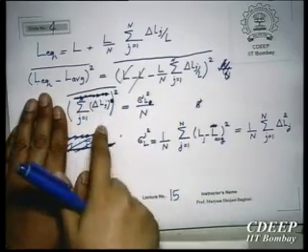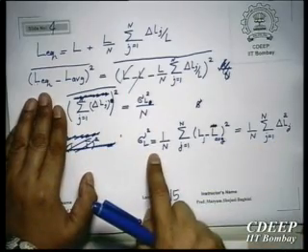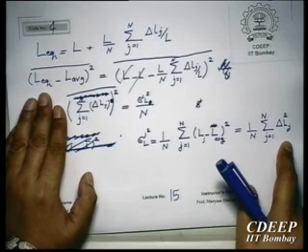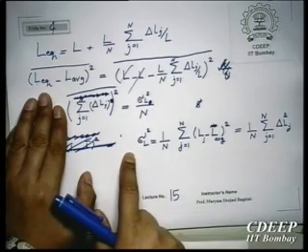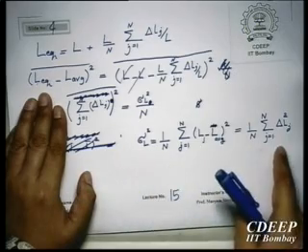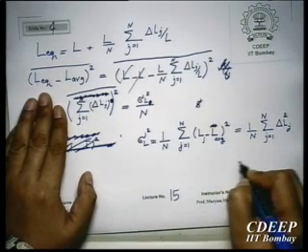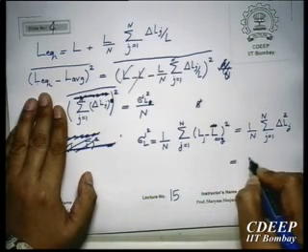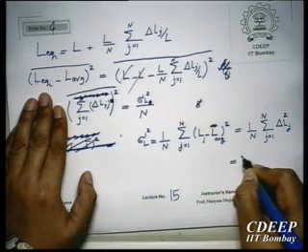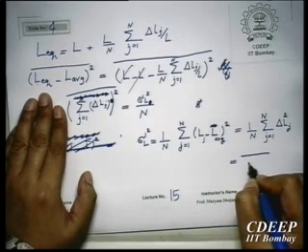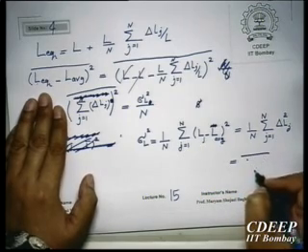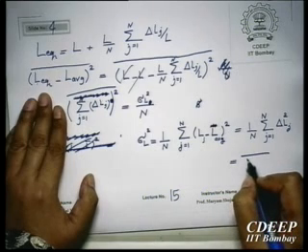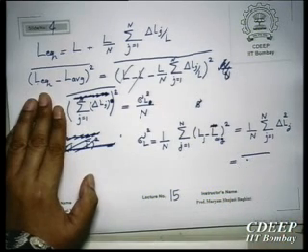So average of this alone will be n sigma L square. This is the average over samples.